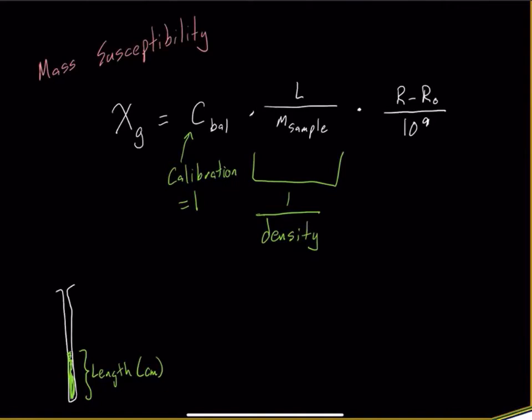This final term that we have here is essentially a corrected reading. This is information that we would get off of the balance itself when we are making these measurements in the lab, right? So the first one here is the reading with our sample.